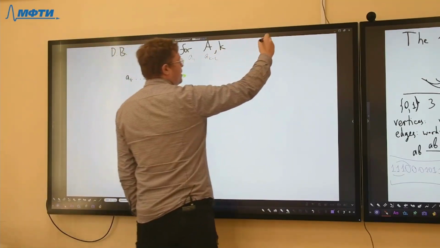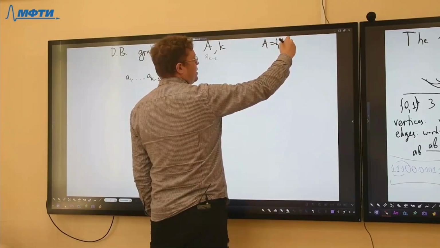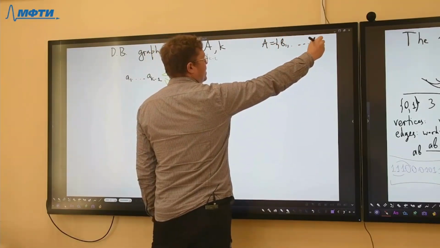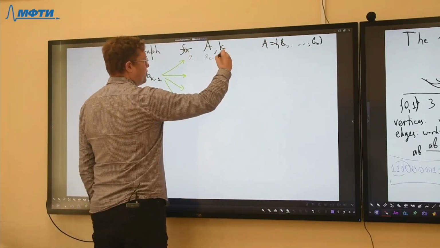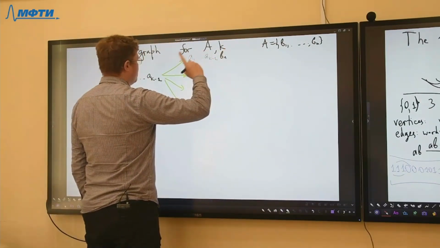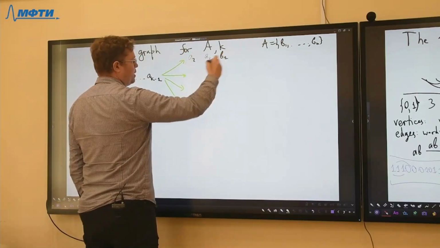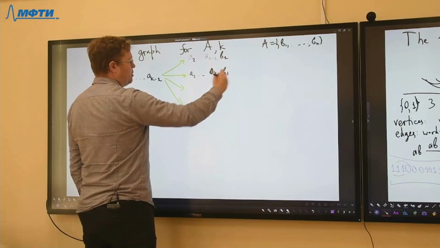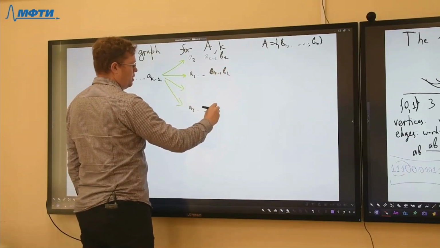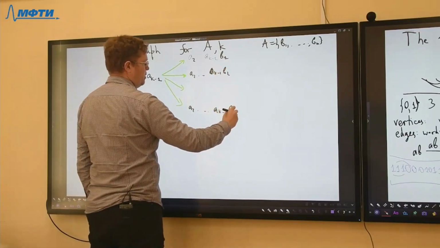So we have a1, ..., a_{k-1}, and some element. Let me change the definition of the alphabet. We start from a2 and end in b1, we start from a2 and end in b2, we start from a2 and end in bn.